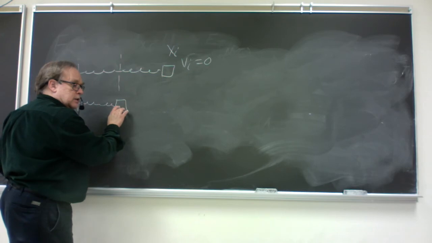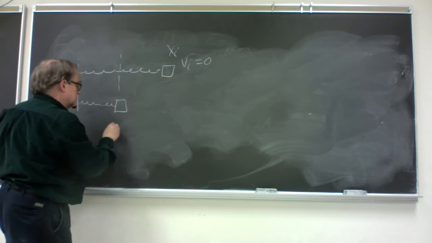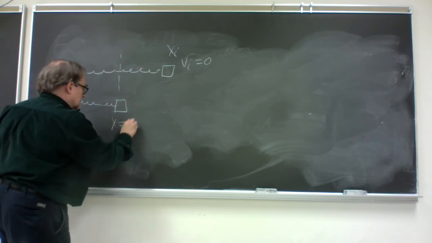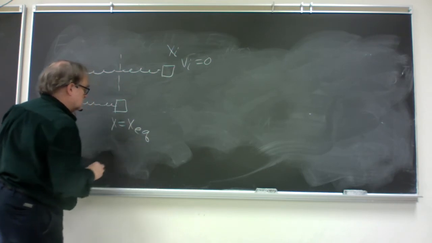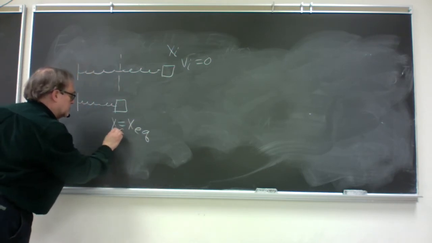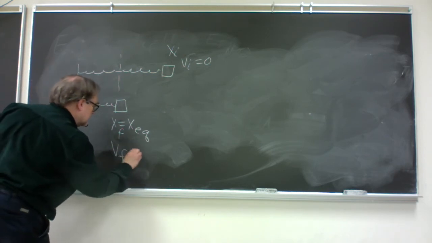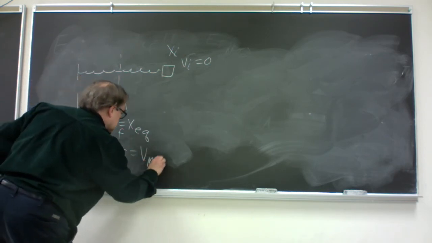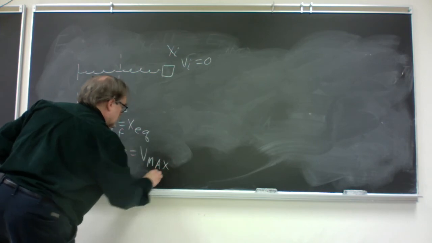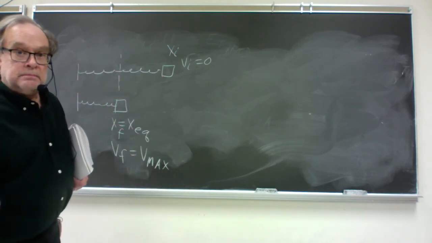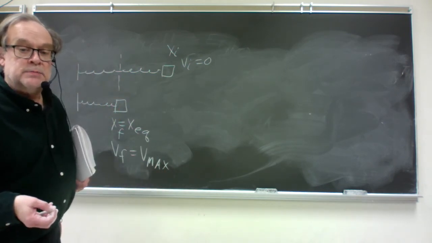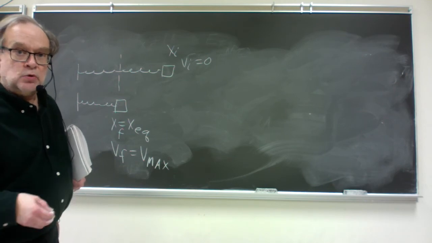So here at equilibrium, the final location is the equilibrium location, and the final speed is maximum. It's been speeding up all the time as it approached equilibrium.